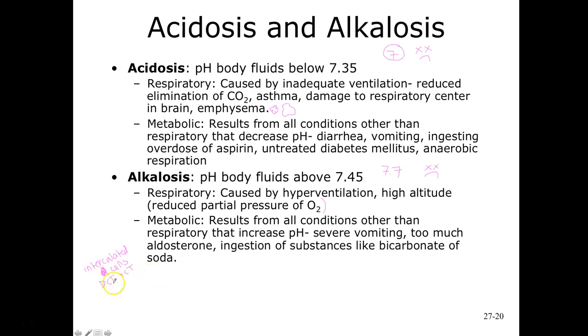So we said we have actually types A and B. Type A actually helps with acidosis, so I'm going to put a big A here. And type B is going to help with alkalosis.